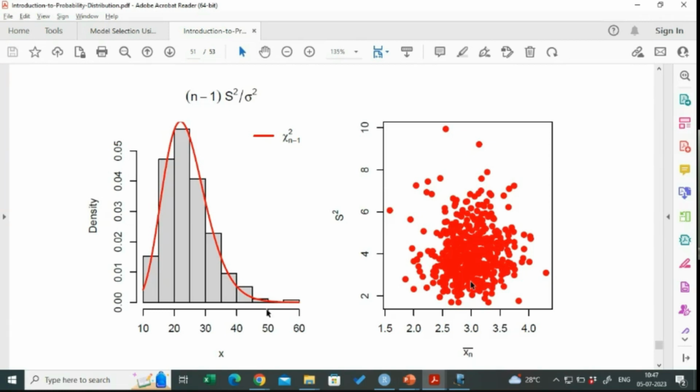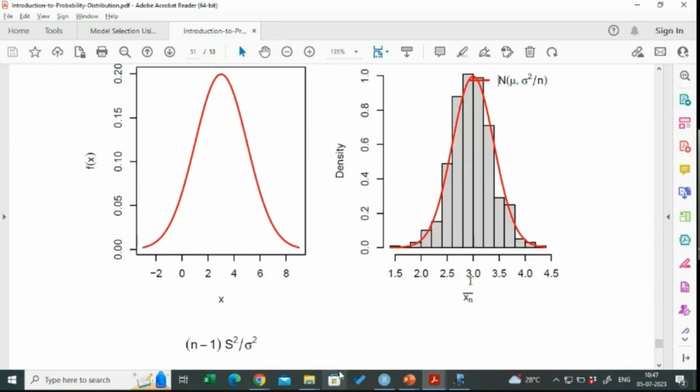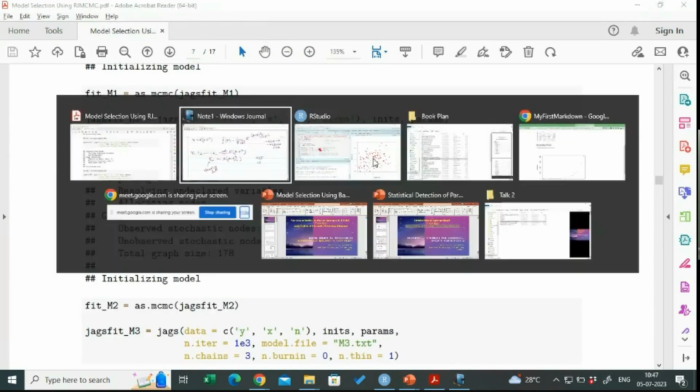Right? So many of the theories, because of this extremely powerful dynamic documentation, many of the statistics and probability ideas, which were not accessible to engineering students or people from some other backgrounds, are now getting very accessible to them.